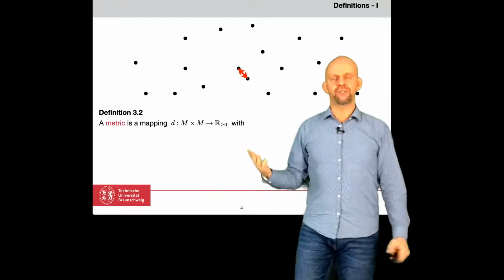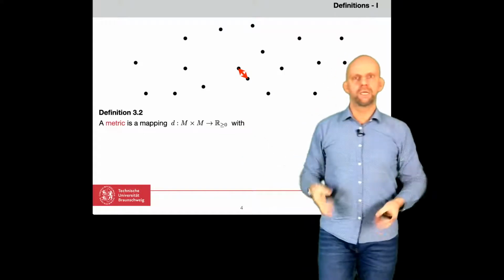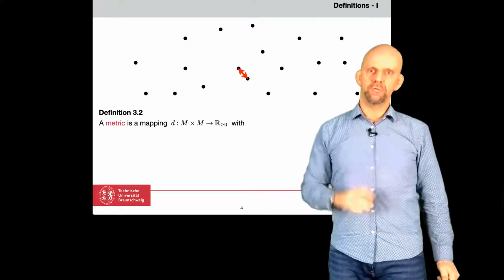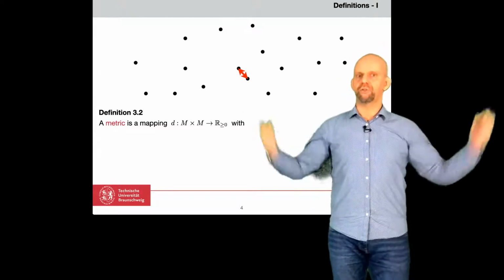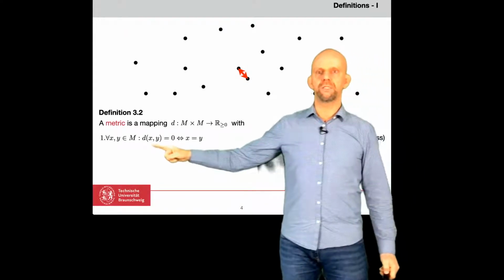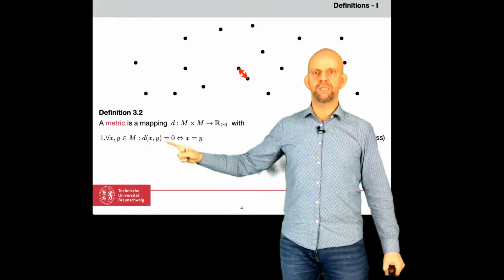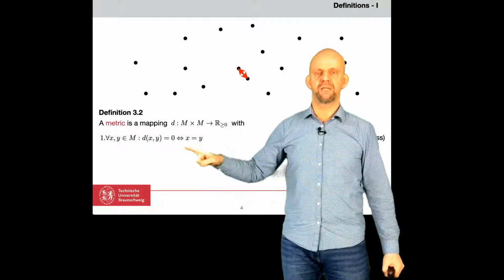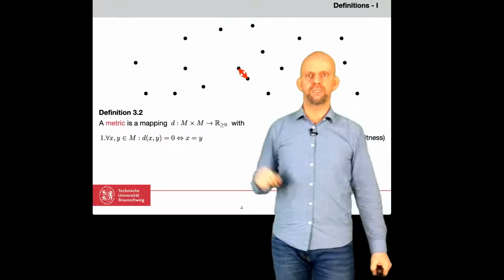A distance function is not just something that gives a weight or some cost to any pair, but it has to satisfy a few properties that make it a proper metric, as opposed to just an arbitrary weight. First of all, the distance between 2 points can only be 0 if it's actually 1 point. So a point to itself has a distance of 0, but that's the only way a distance of 0 can occur.